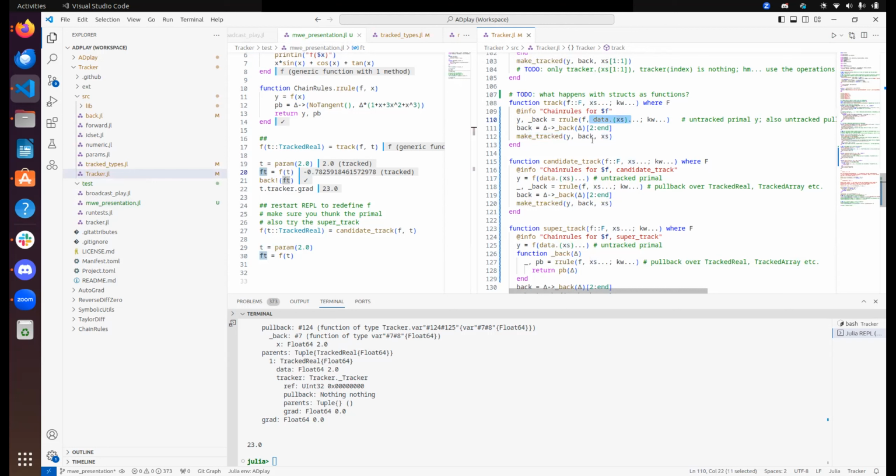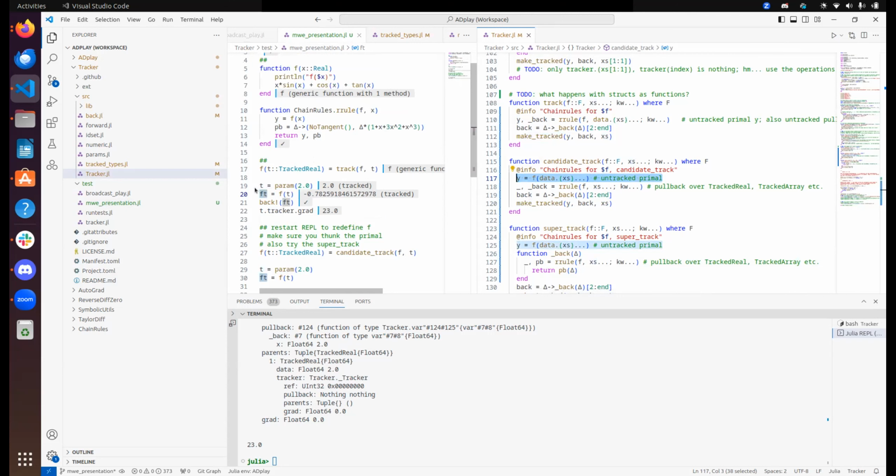It means that we have to do something different. So here we have a candidate, another tracking approach. This time we do a primal, which would be an untracked primal, just like before. So we just apply this expression over the data of t.